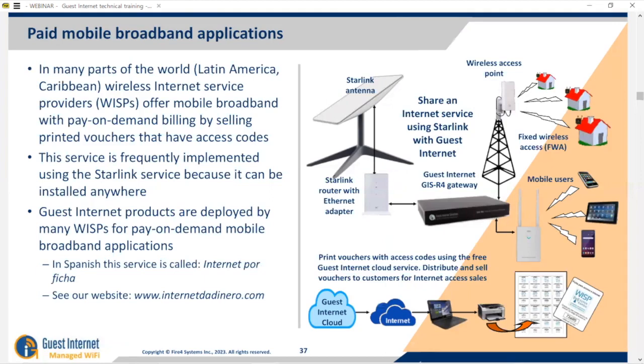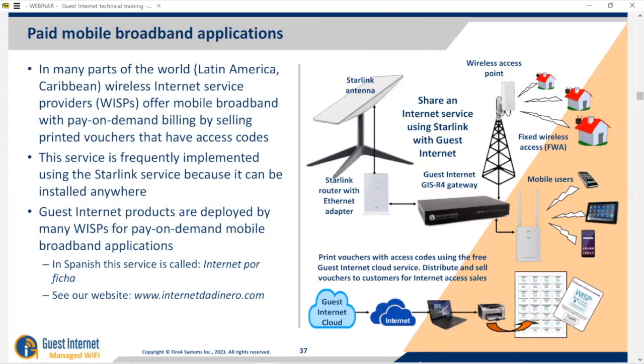Paid mobile broadband applications are very common. We have a lot of customers using satellite antennas for remote rural locations, such as HughesNet or now Starlink, which has become very popular.